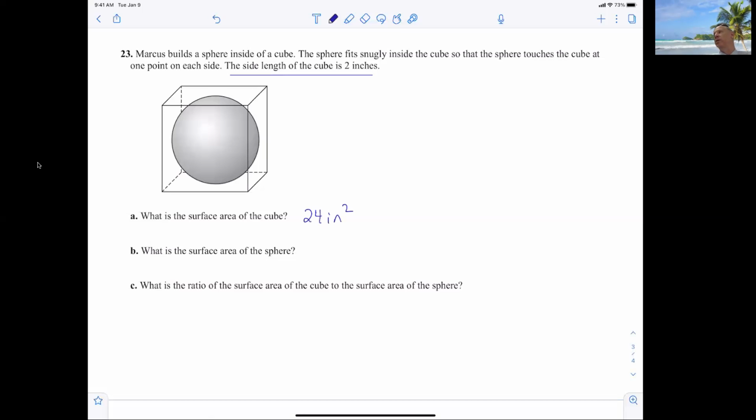Anybody have a problem with 24 square inches? Okay, let's think about surface area. It just means the area of all the sides. It's a cube. So the area of one side is what? 4. So therefore the area of all 6 sides would be 24.